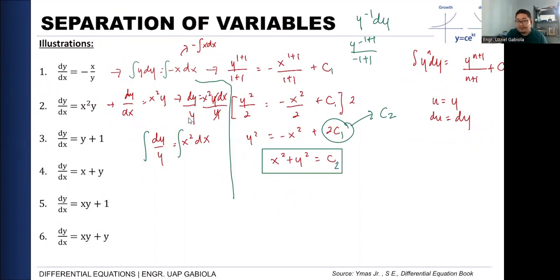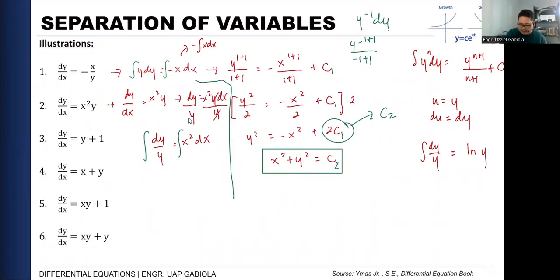Kaya kapag special case ng power formula ng integration is kapag equal to -1 yung mismong exponent natin, we use ln. Okay? So, yung integral natin na dy over y, that is equivalent to ln y. Okay? Again, kailangan satisfied si u du, laging satisfied lagi si u du dito.